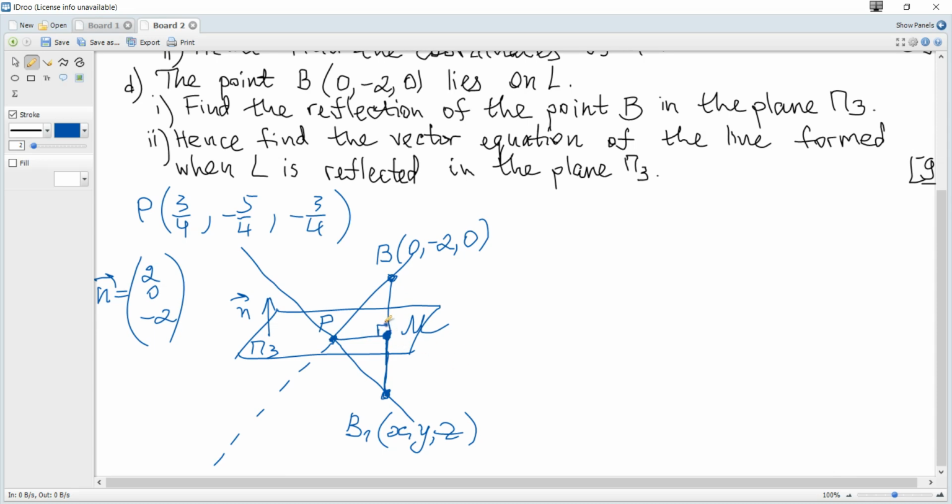We can represent the BM vector as some coefficient k multiplied by the normal, because BM is parallel to the normal. So it's k multiplied by (2, 0, -2), or (2k, 0, -2k).